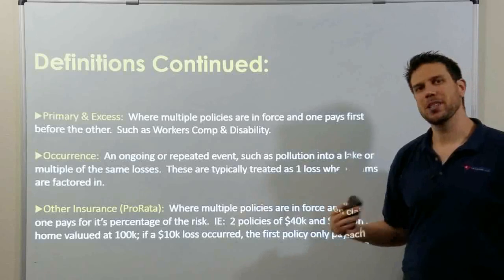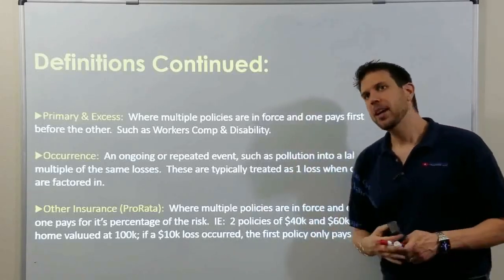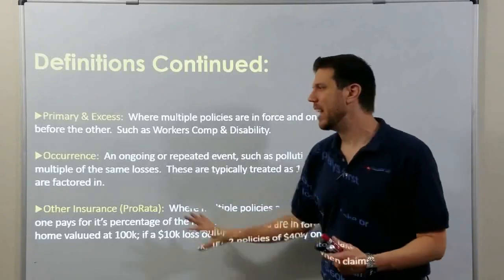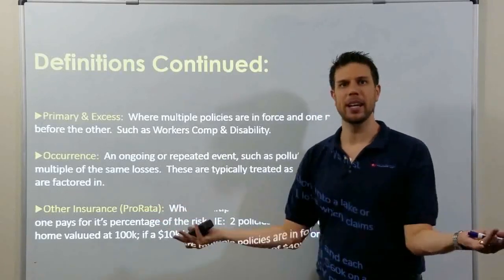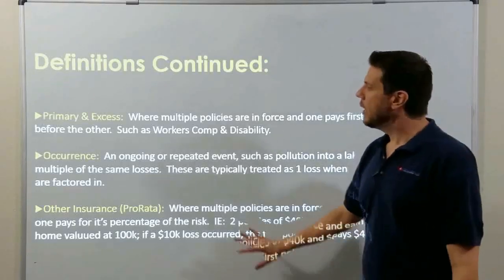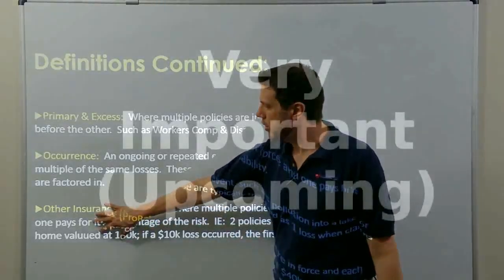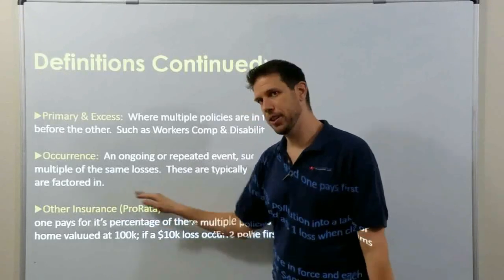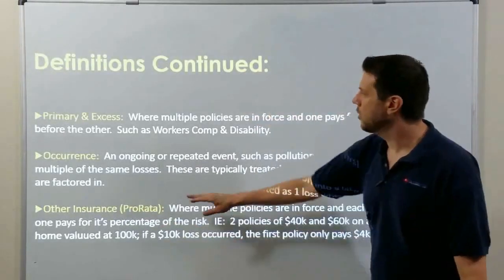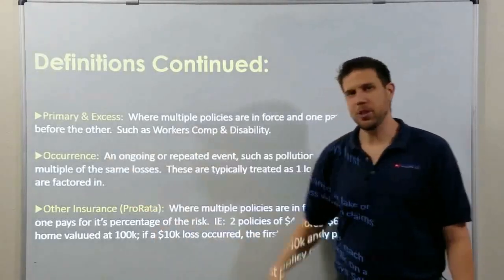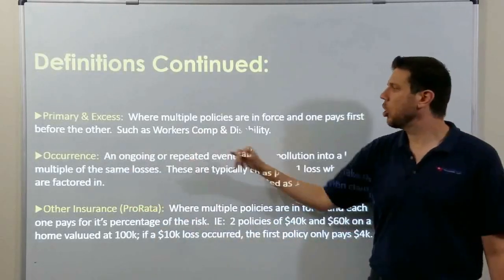This provision protects the insurance company because instead of them all paying out and people profiting off insurance, they have to work together so that everybody pays proportional amounts. This is a definition, the other insurance clause, you'll likely forget. If I was to put something on my important notes, I would put the other insurance provision there, also known as pro rata.